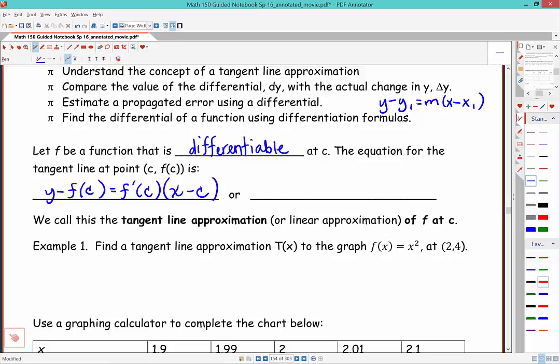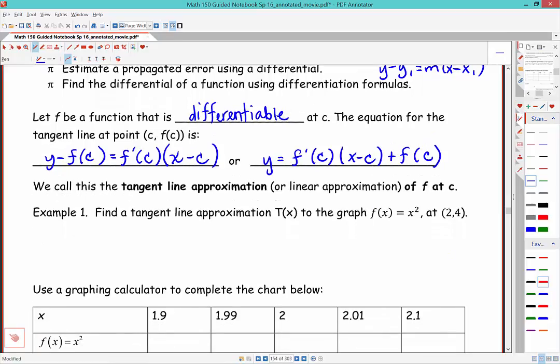Now, how else could we write this? If we add f at c to both sides, we would get y is equal to f prime at c times x minus c plus f at c. We call this the tangent line approximation or linear approximation of f at c.